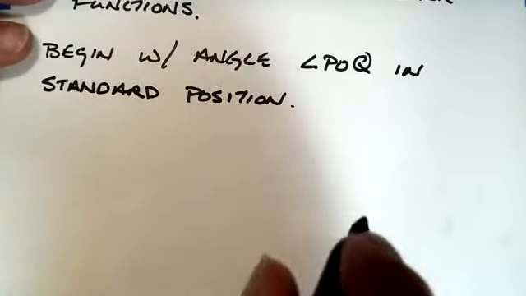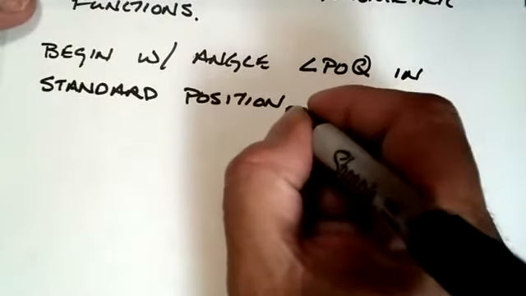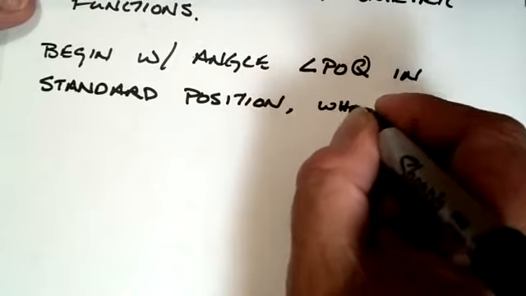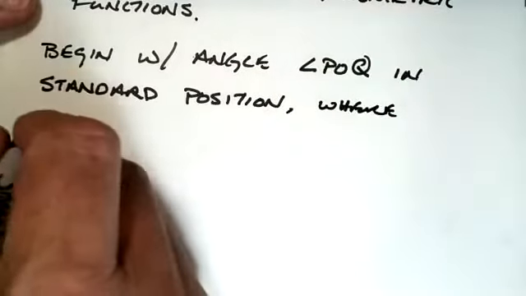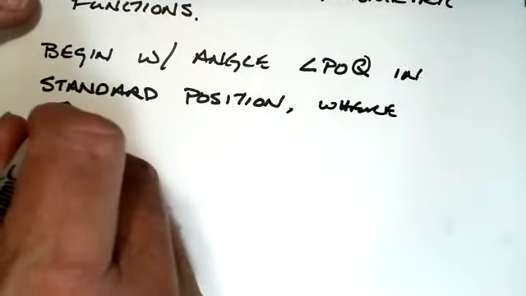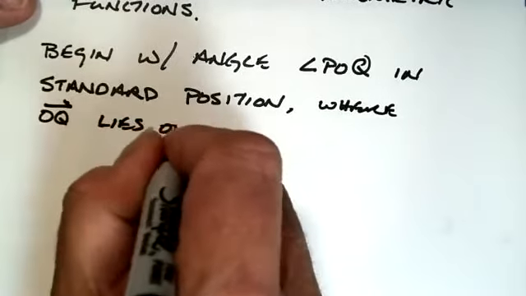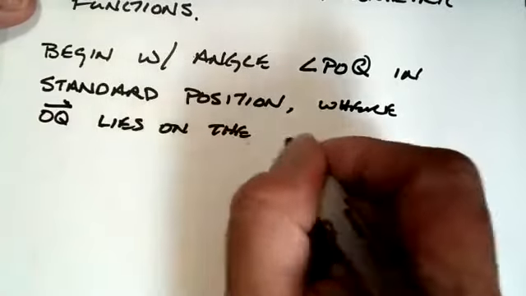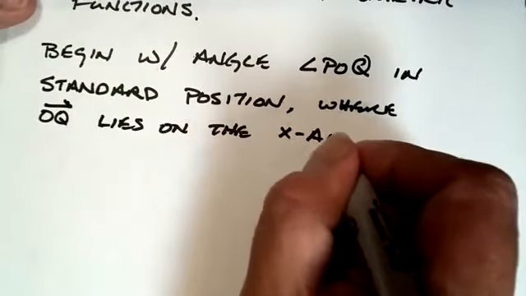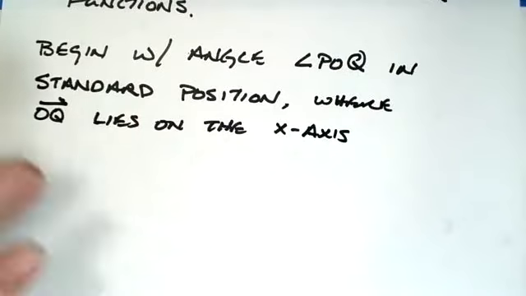Furthermore, we'll state that ray OQ lies on the x-axis. I should probably say the positive x-axis, but it should be understood from the term standard position.